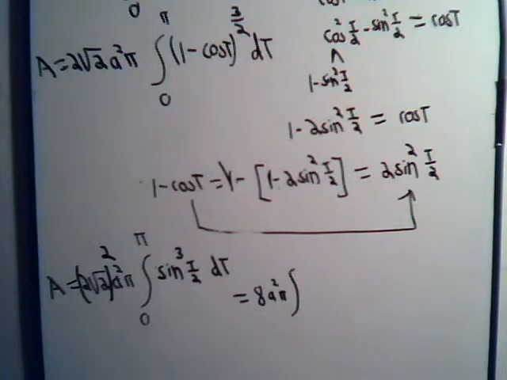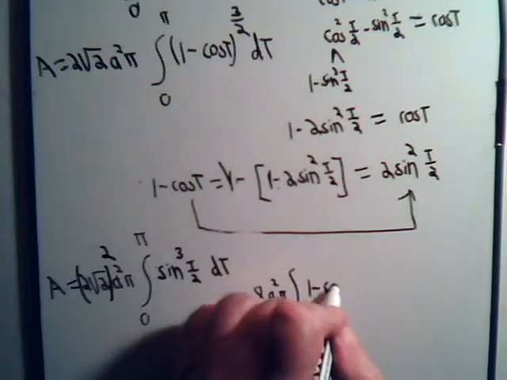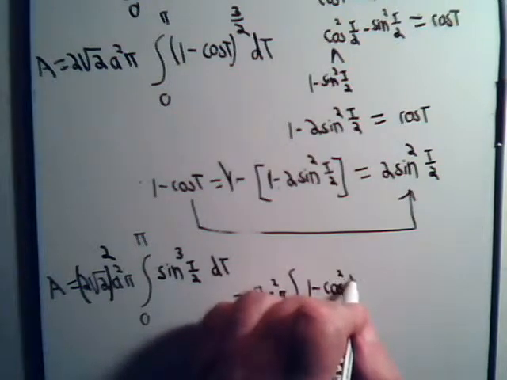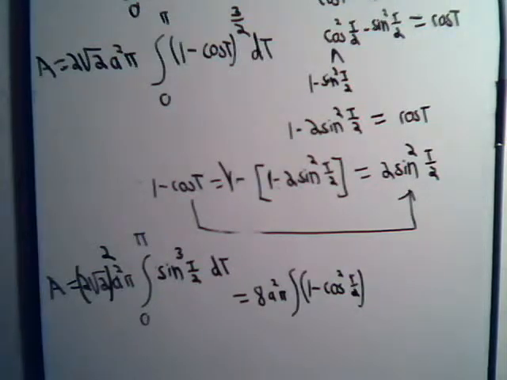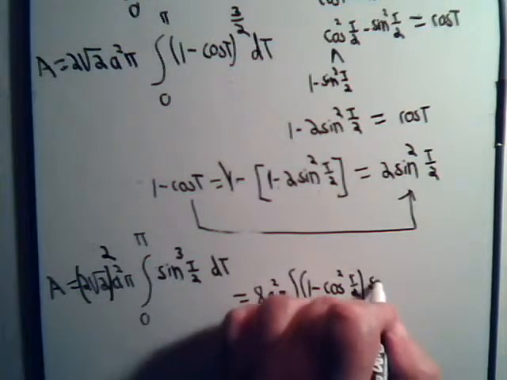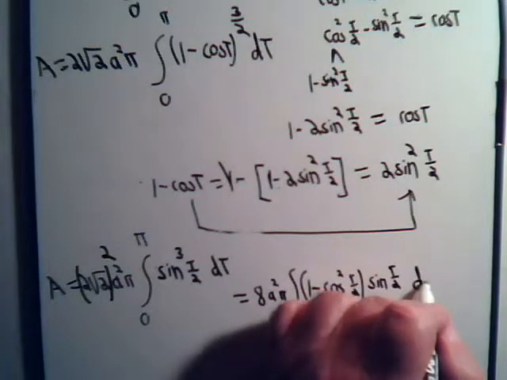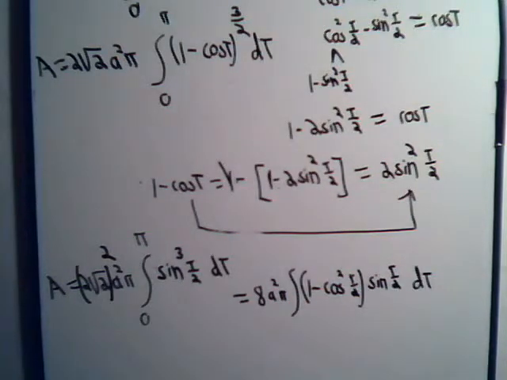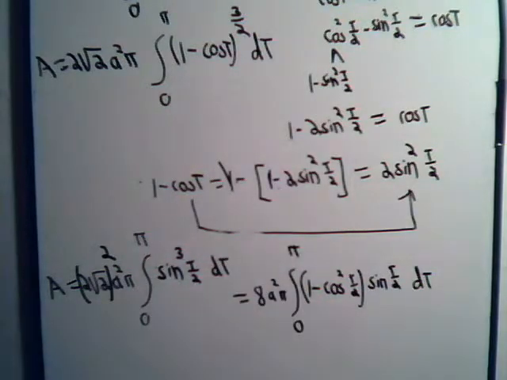And the sine squared of t over 2 we can write like this: 1 minus cosine squared of t over 2. That's the sine squared times the sine of t over 2 dt. And t goes from 0 to pi.